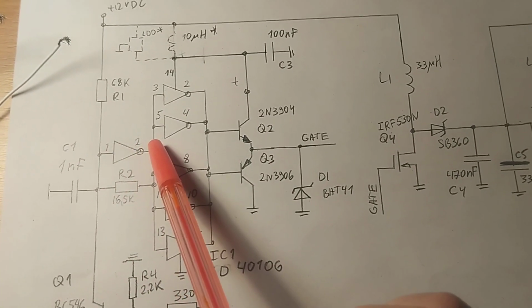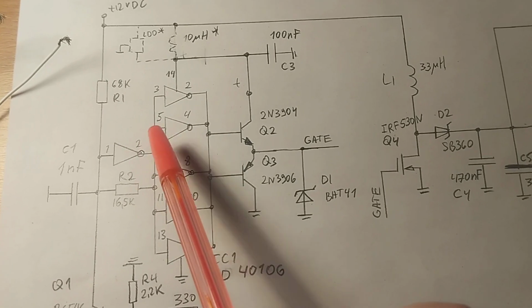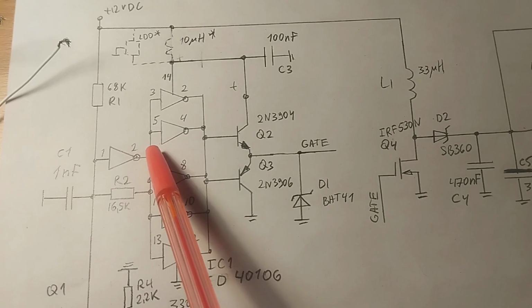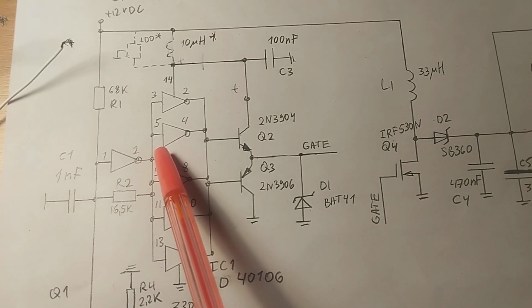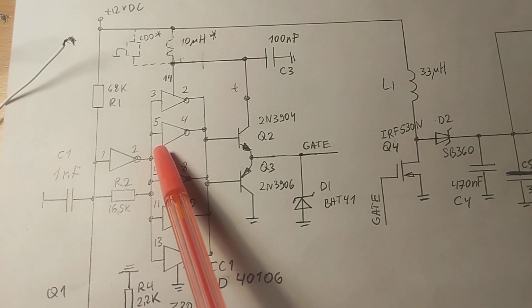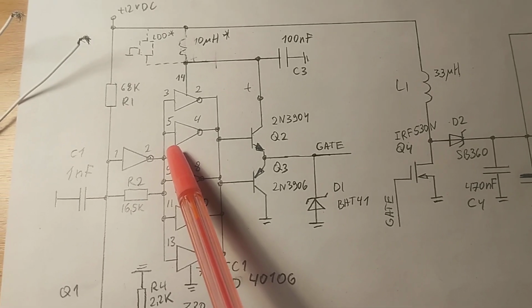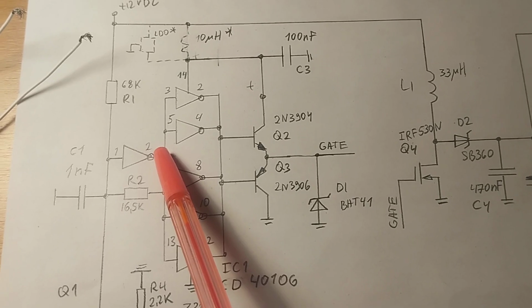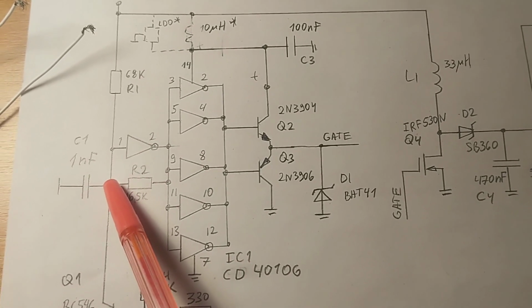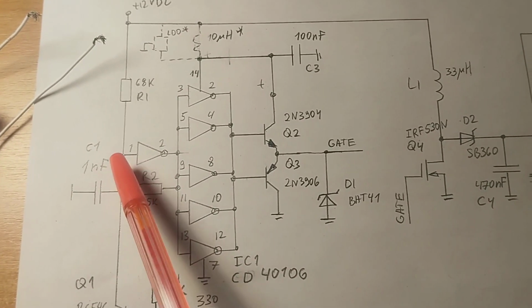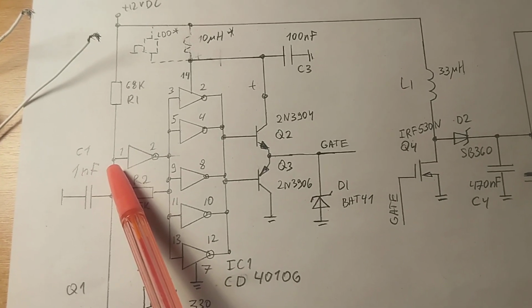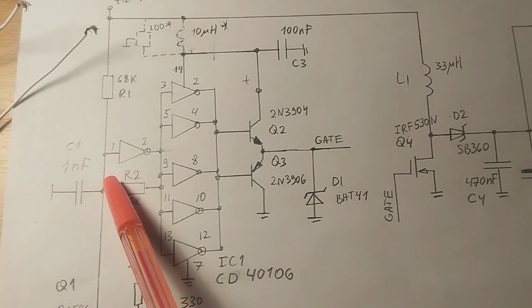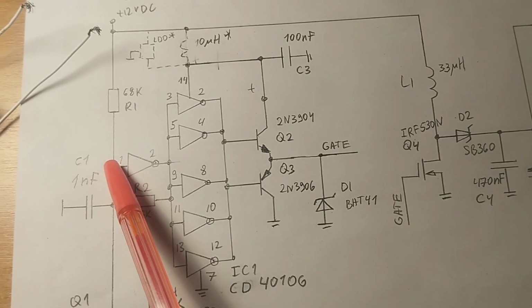The output frequency and pulse duration have dependence on the input DC voltage, the average DC voltage on the input.